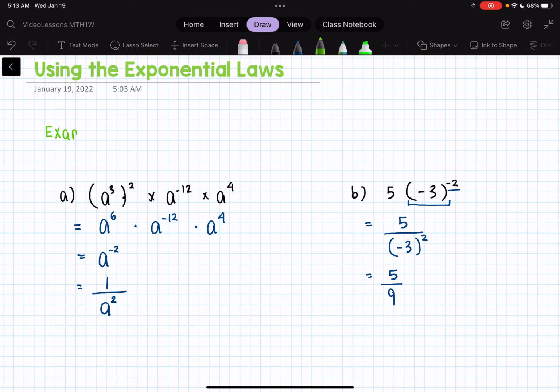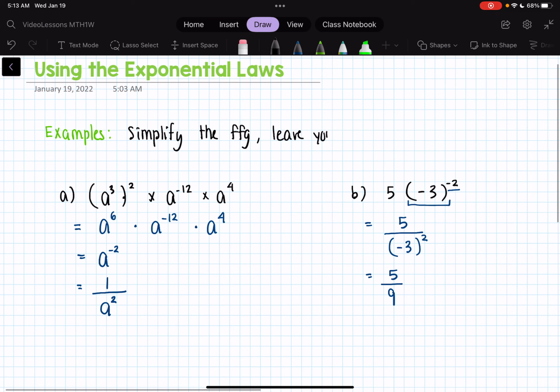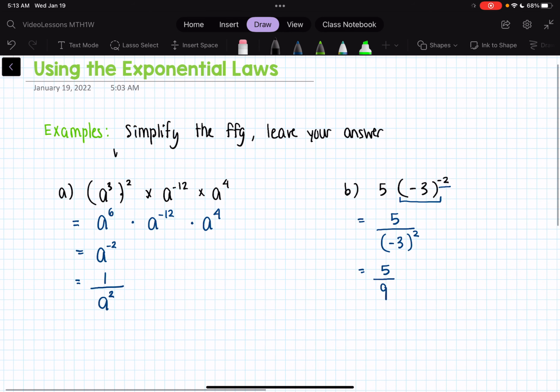I'm just going to put a little set of instructions here. Simplify the following. And remember, FFG is shorthand for following. And we will always say leave your answer with positive exponents.